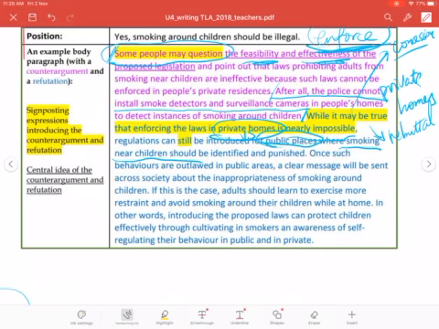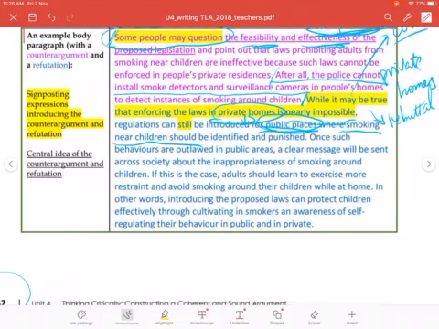So we are saying that even though it cannot be enforced in private homes, it can be enforced in public places. And once it is enforced in public places, it can send a message to society. And once that message is conveyed, adults will also perhaps avoid smoking at home. So this is how the laws can have some indirect effects on people's behaviors in private residences.